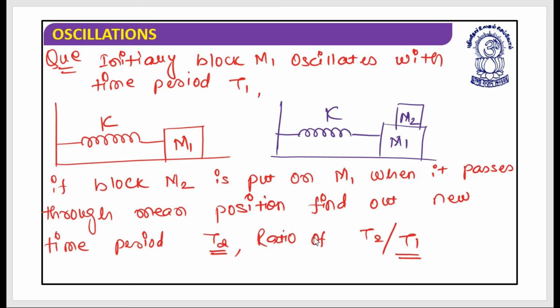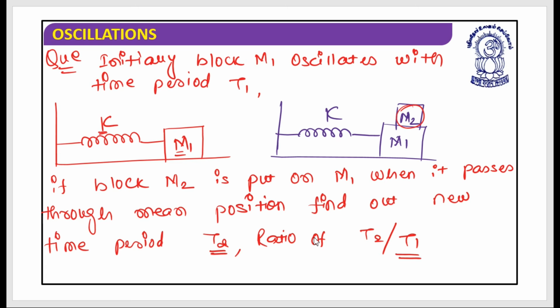Yes, this is the requirement: initially only one block was there, and this block used to oscillate with the spring, with spring constant k. Now you have put one more block, which we call mass m2, on m1. When it passes through the mean position, we need to find out the time period.